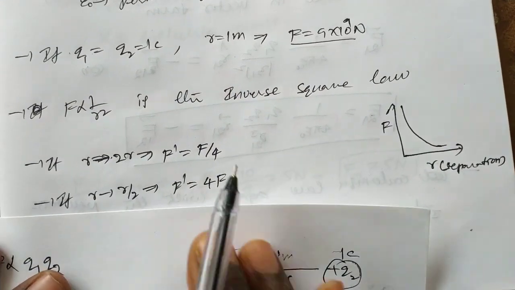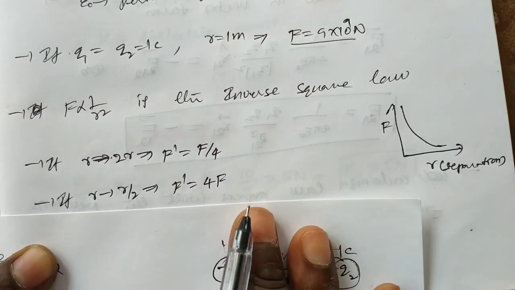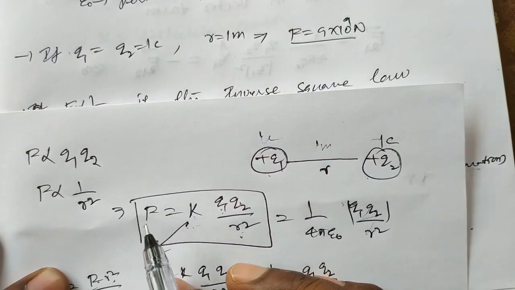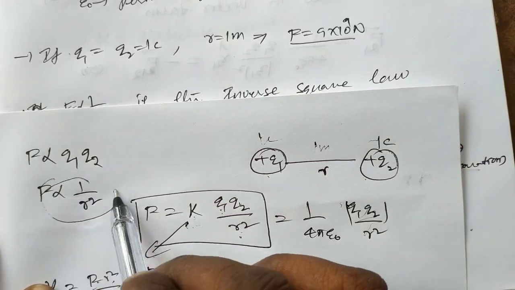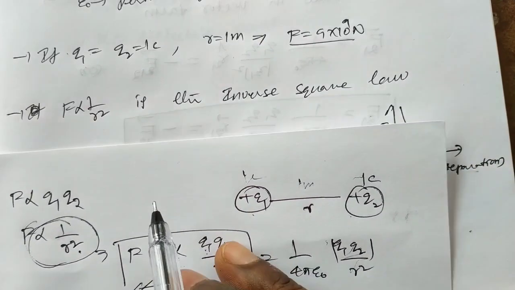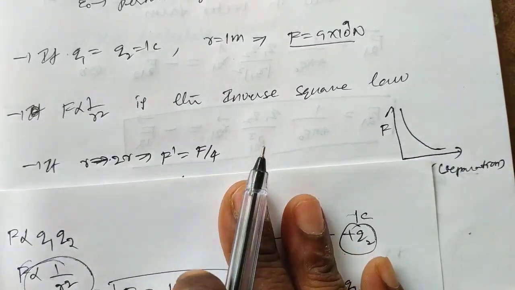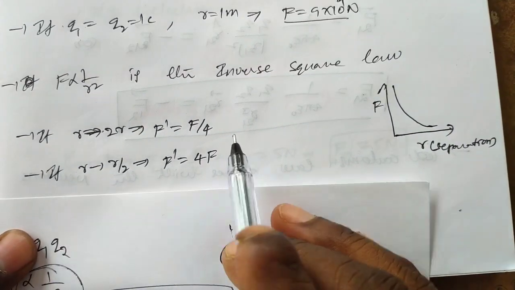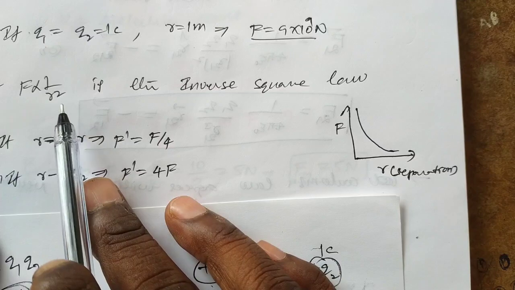From the above equation, F is inversely proportional to the square of the distance, which is called the inverse square law. It describes the variation of force with distance or separation.